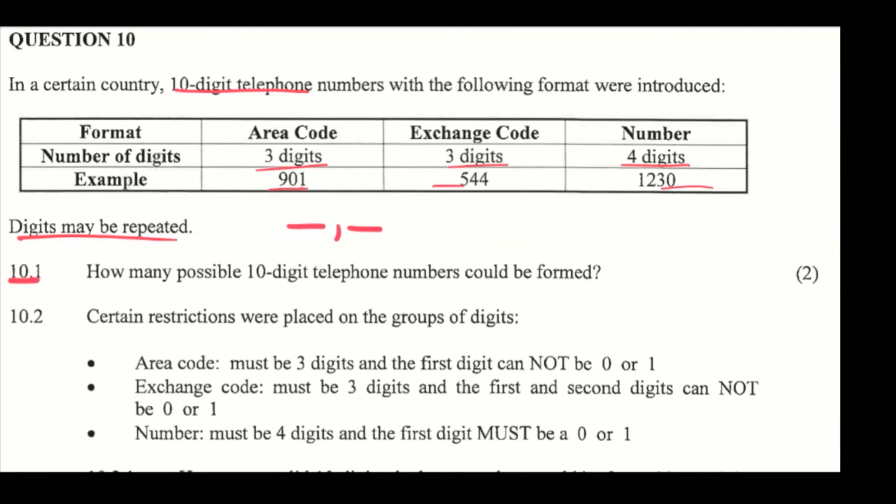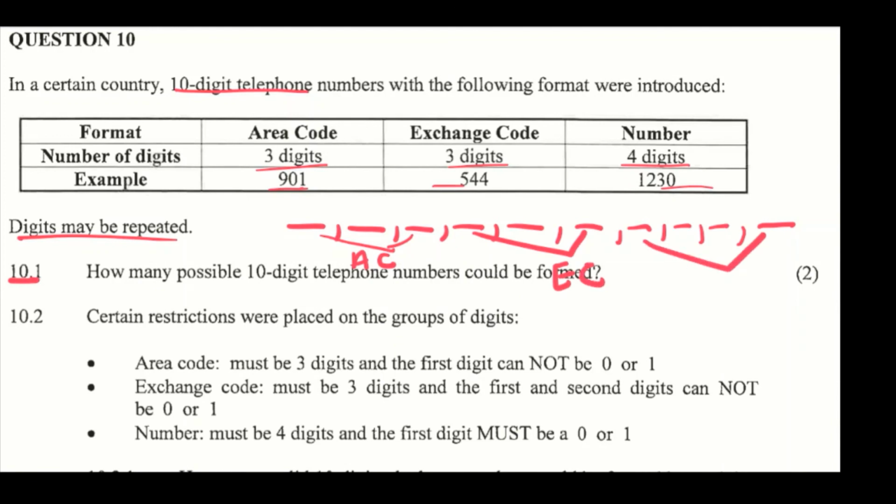So we are forming 10 digits. I'm just going to write this down. So it's 1, 2, 3, 4, 5, 6, 7, 8, 9, 10 digits for numbers. The area code accepts only 3 digits. So let's say this is the area code accepting 3 digits, and then the exchange code also accepts 3 digits, and then the other one accepts 4 digits, which is the number, right?